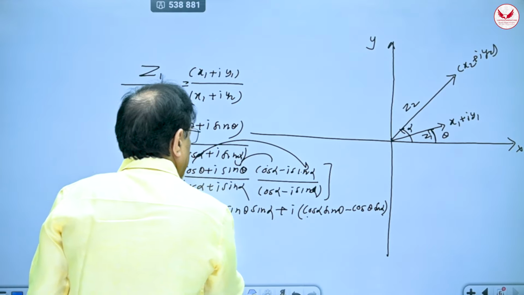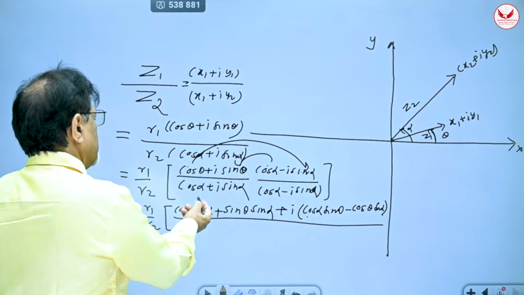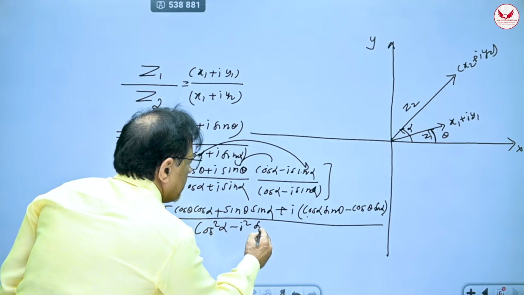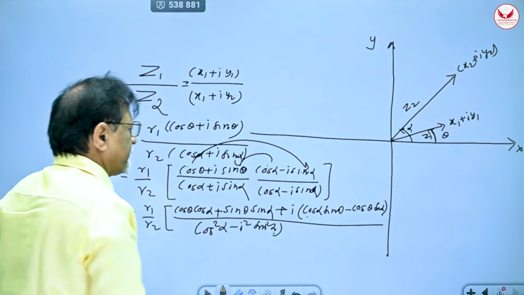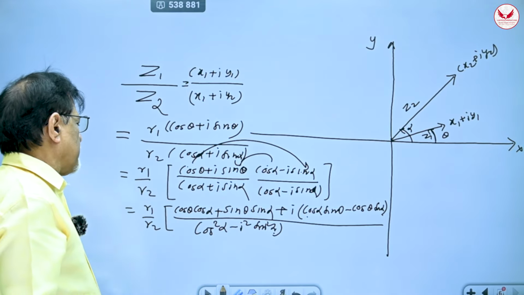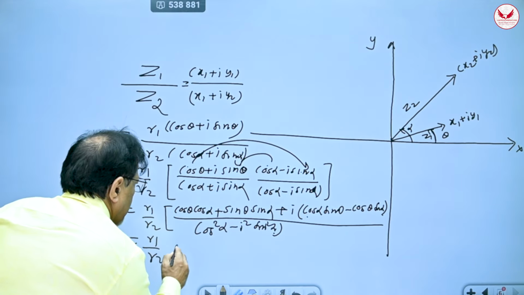Correct? Now divided by, very interesting, cos alpha into cos alpha, that will be cos square alpha minus i square sin square alpha. Now this is Z Z bar, so cos square minus i square sin square alpha.